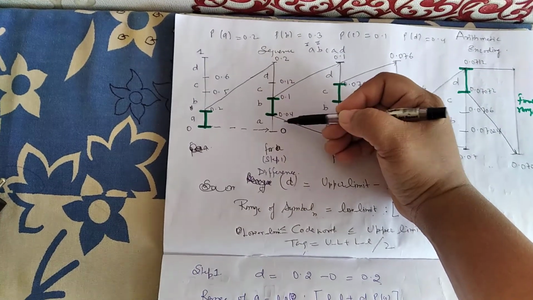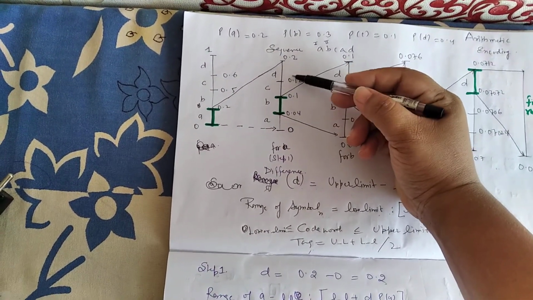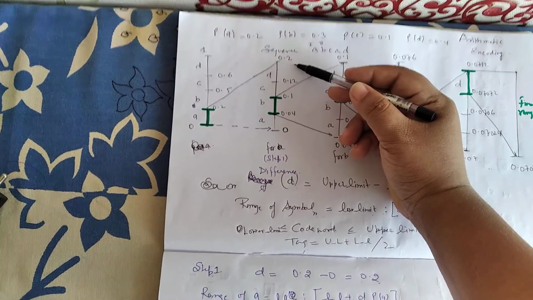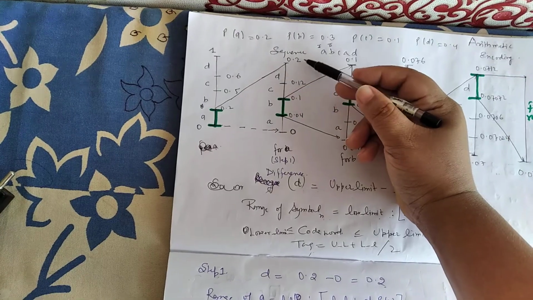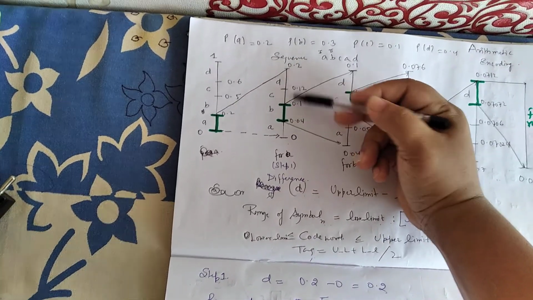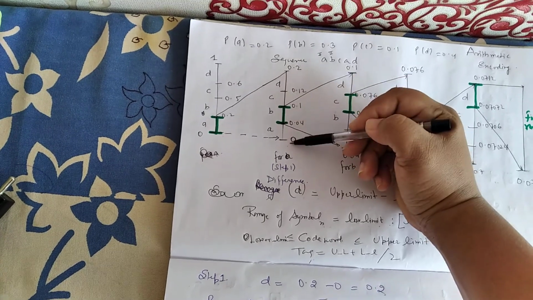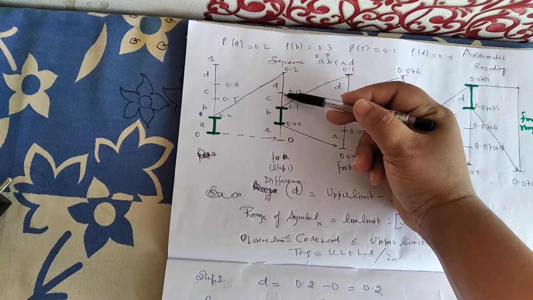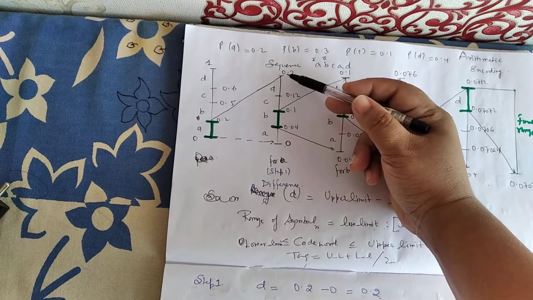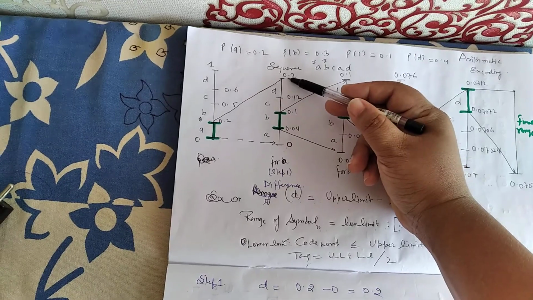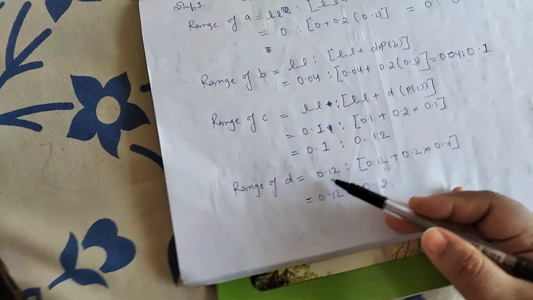Now the last is D. You can calculate just to check that the upper limit from the formula we get that the range of D is from 0.12 to 0.2. Otherwise you can also see, since this particular range is from 0 to 0.2, we have already found the lower limit of D. There is no character left between this 0.2 and this upper range, so we know that the upper range of D will be 0.2, or you can cross check it by using the formula.